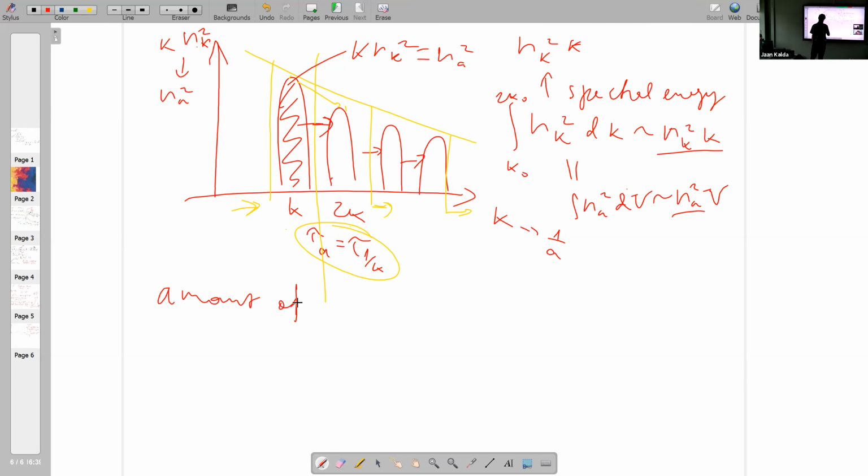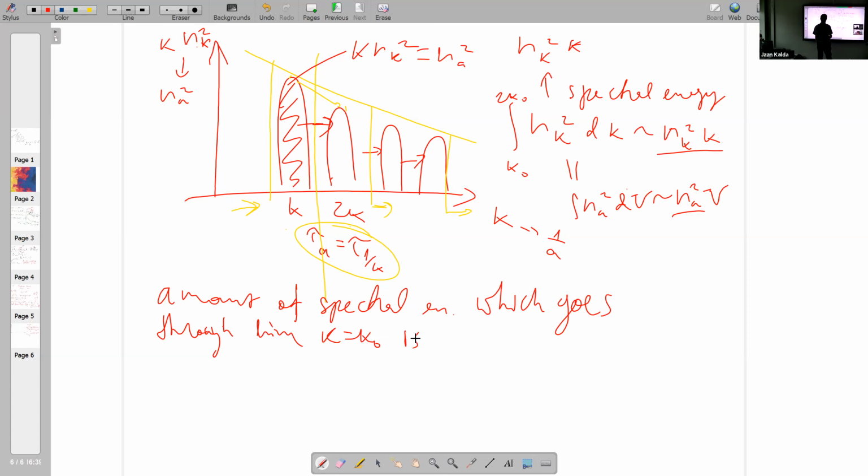So the total amount of spectral energy which goes through the line k equals k naught is estimated as the amount we had over here, which was just n_a squared.